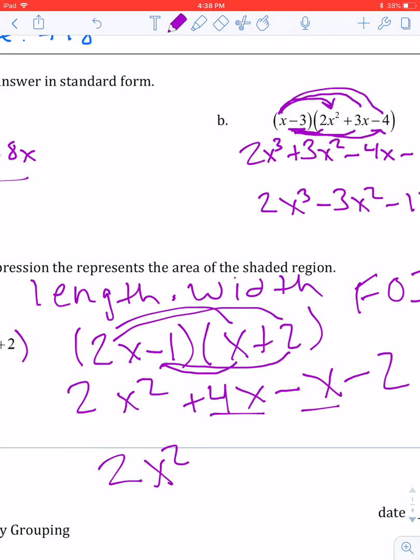So it's going to be a positive 4x minus 1x, which is going to be positive 3x. All that's left over is our constant of negative 2, and I'll write that down here in our final term. And our expression will end as 2x squared plus 3x minus 2.